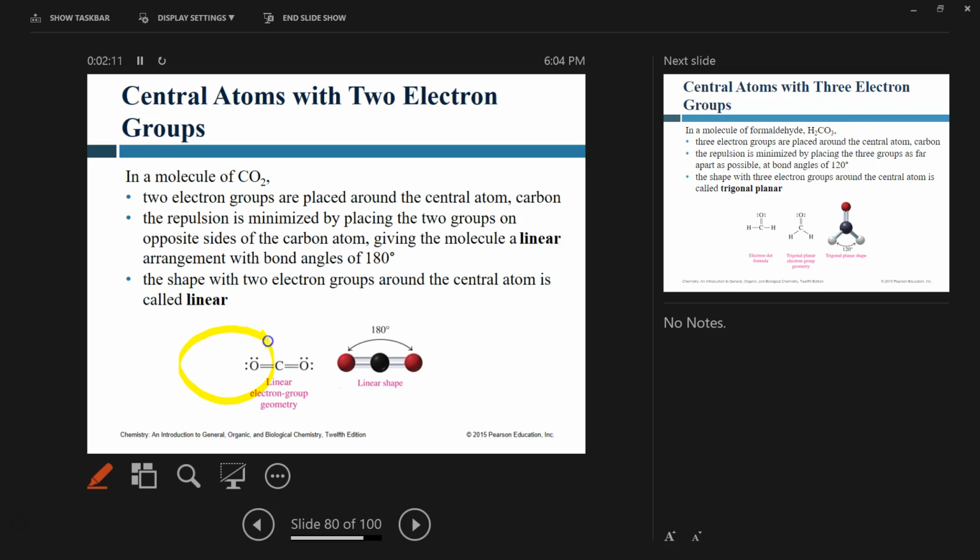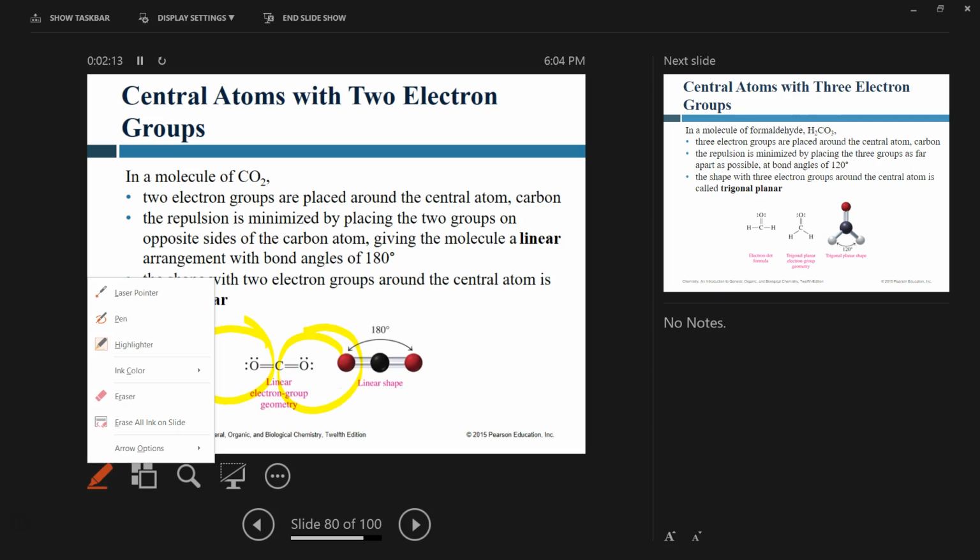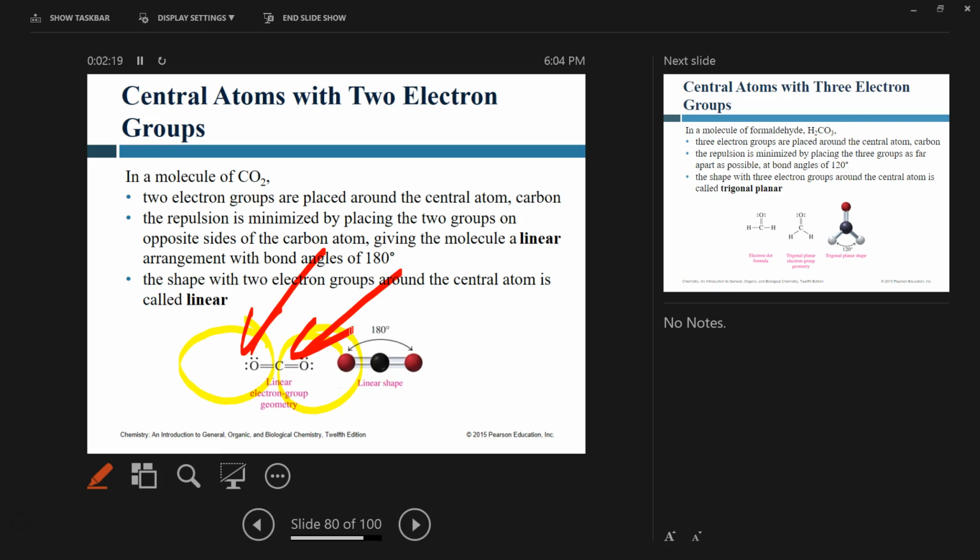to consider the arrangement of the electron pairs, the free electron pairs, the lone pairs as we call them, and the arrangement of the bonds. Okay? So, for instance, in the molecule of CO2, we have lone pairs at oxygen atoms, and then we have bonding pairs between the carbon and the oxygen.